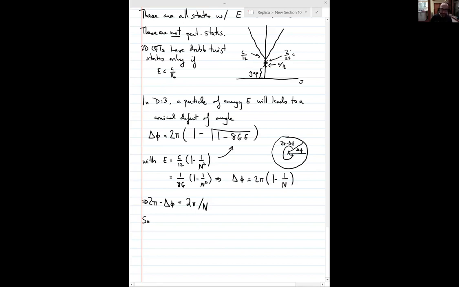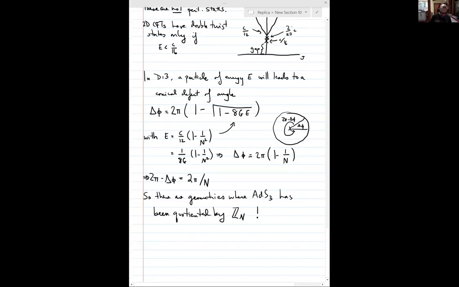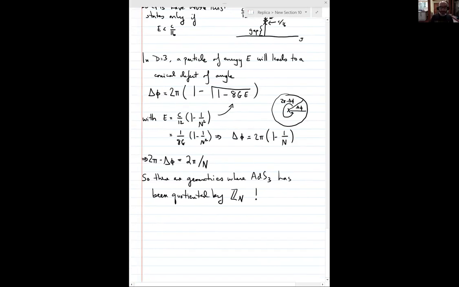So at least as far as the energies are concerned, these look like geometries where AdS3 has been quotiented by Zn. So that leads us to our physical interpretation for these new states as orbifolds.